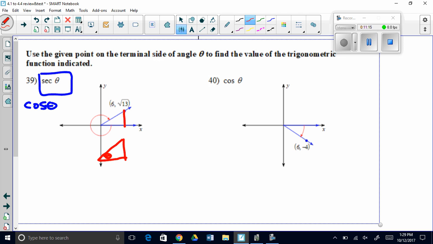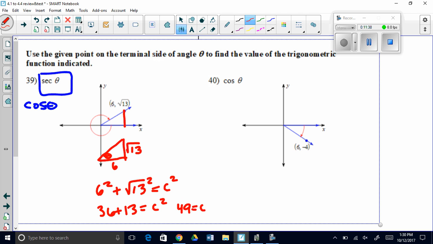I know that my x value is 6, and my y value is the square root of 13. So if I need my hypotenuse, I go 6 squared plus the square root of 13 squared equals c squared, or 36 plus 13 equals c squared, or 49 equals c squared. So c would equal plus or minus 7. And we know that the hypotenuse is always a positive number, so the hypotenuse is 7.